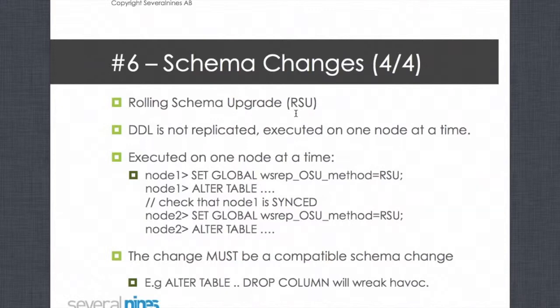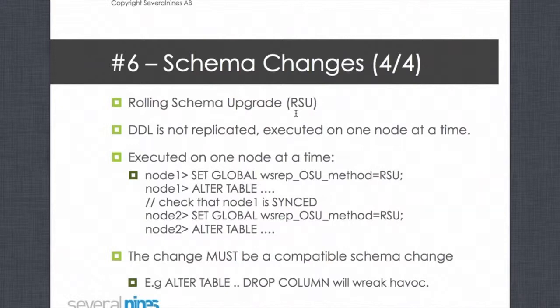Then when the alter table is finished, the Galera node will synchronize again with the rest of the nodes in the cluster. And then you go on like this until you have finished applying the schema change on all your Galera nodes.